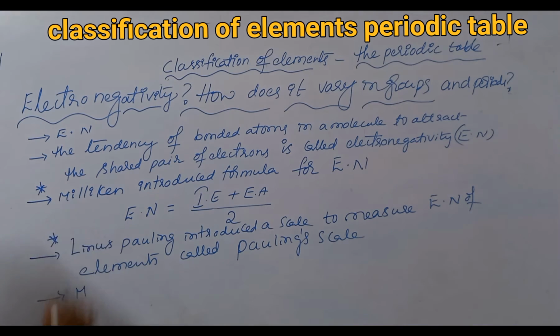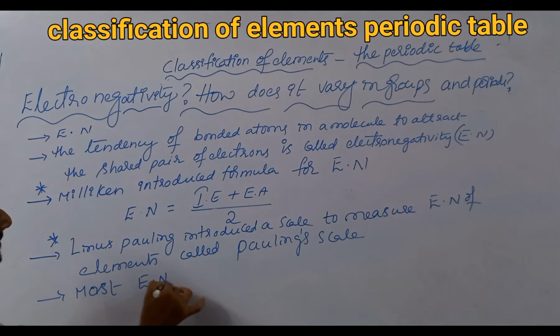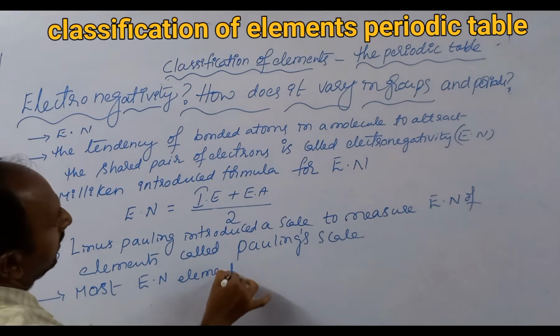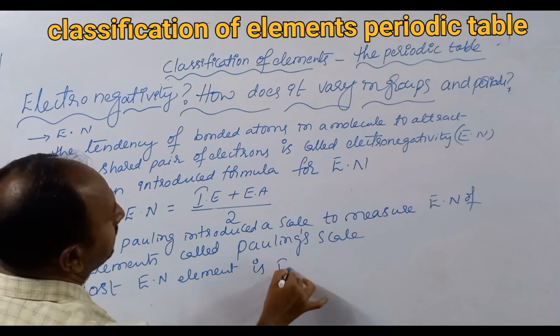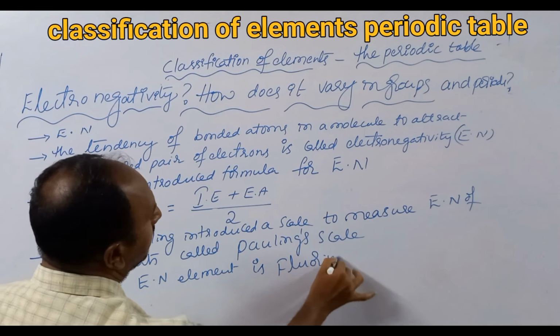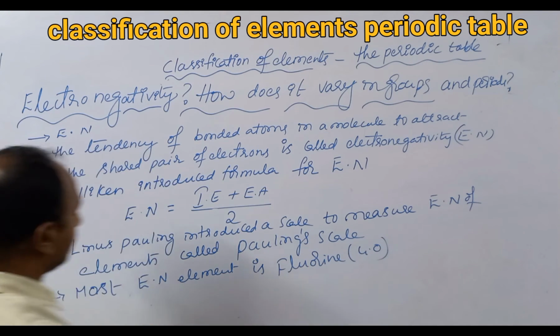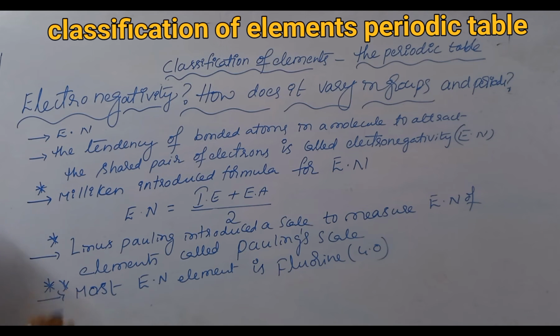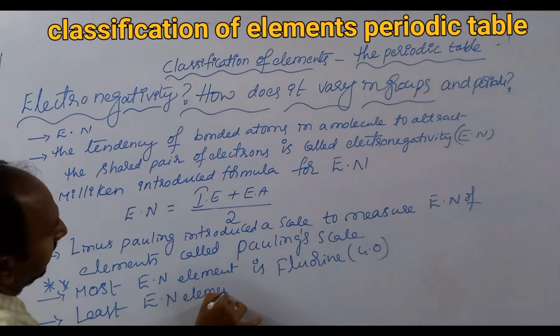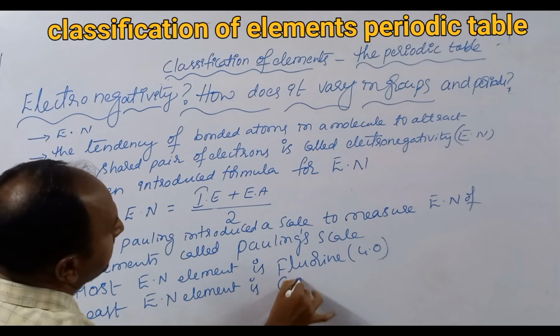The most electronegative element is fluorine. Its value is 4.0. This is important for bits. The most electronegative element is fluorine and the least electronegative element is cesium.